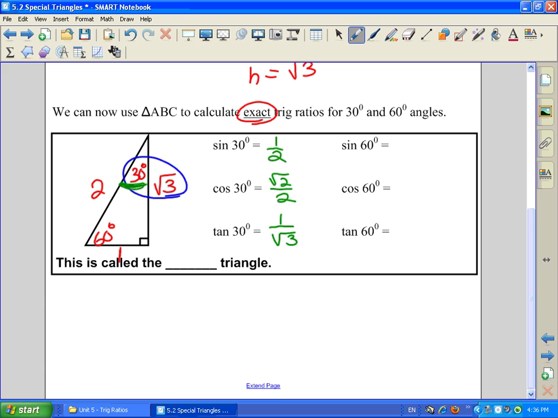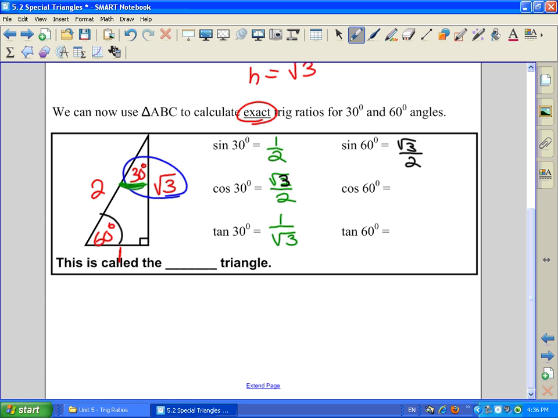Now we're going to change the angle of reference, because now it says for the 60 degrees. So sine in that case, folks, is root 3, which is your opposite, over your hypotenuse, which is 2. Taking a look at the cosine of that, I apologize, I'm just looking back here, folks.